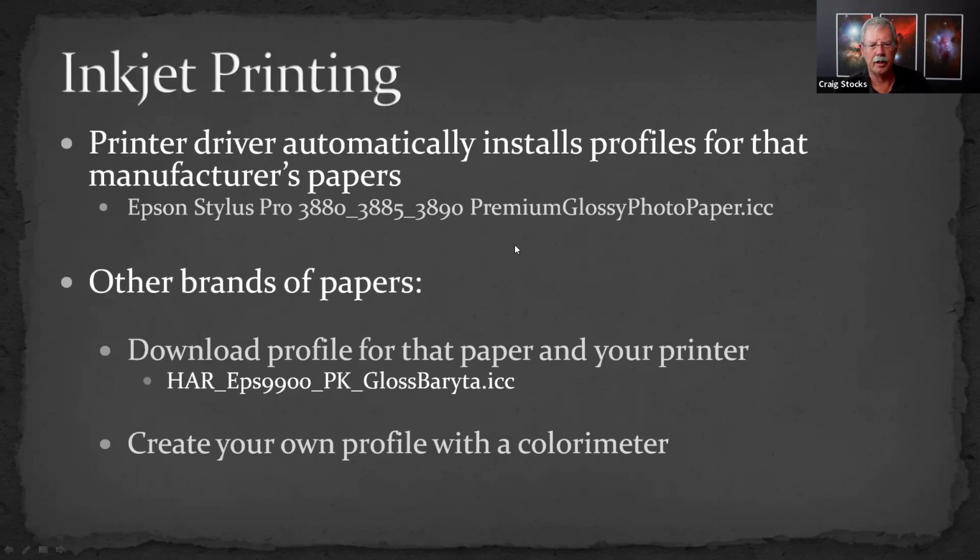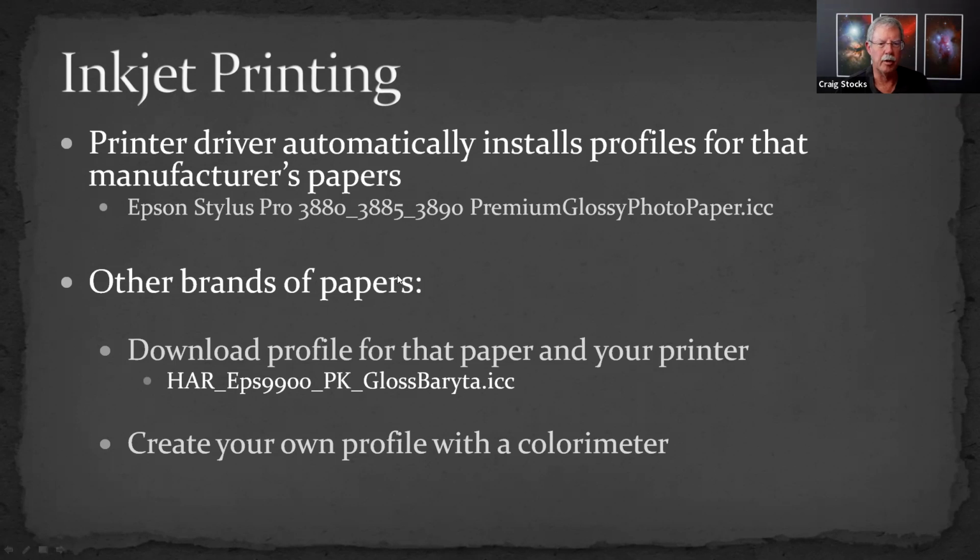For inkjet printing, it's a little bit different challenge. When you install the printer driver, generally it installs profiles for that manufacturer's papers. So if you install an Epson printer, it will install the drivers and the profiles for Epson papers. For instance, Epson Stylus Pro 3880 Premium Glossy Photo Paper.icc, that device profile will be installed when you install the printer driver.